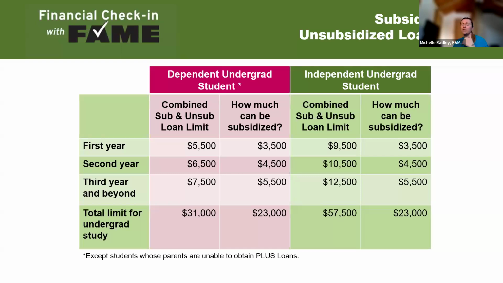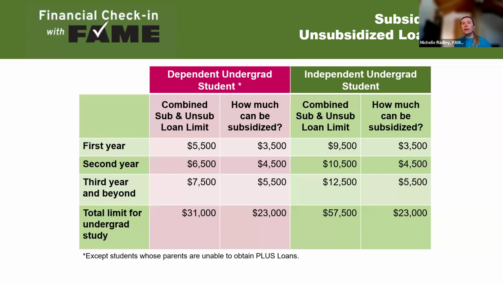I like to give this example because it's a very common situation. In the instance of a dependent undergrad student, you are eligible for up to the $5,500 loan limit. That increases with each year you attend school. In your second year, or sophomore year, they'd be eligible for $6,500 and then $7,500.